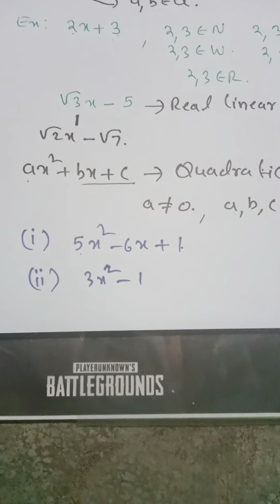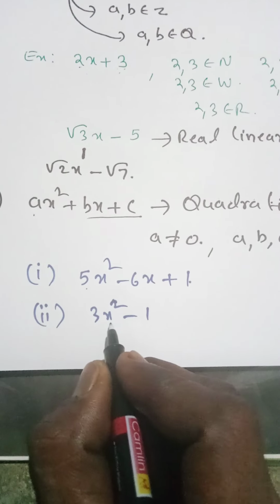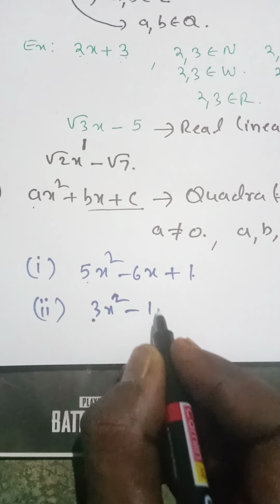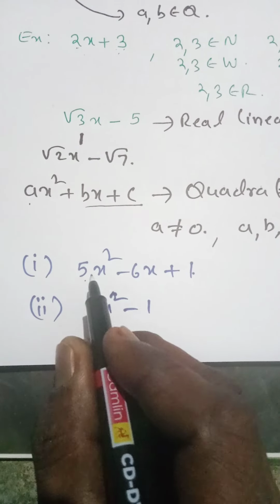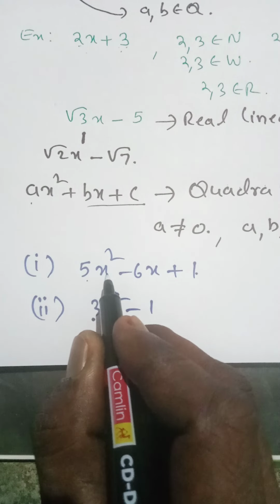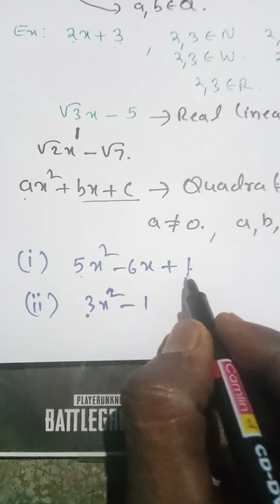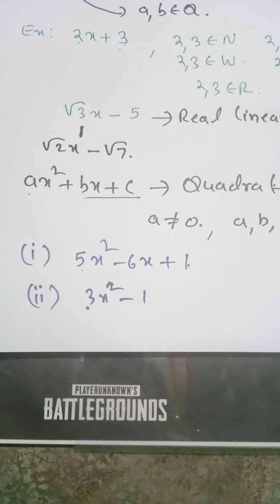Now you tell me, what is the coefficient of x square in this polynomial? That is 3. What is the constant term here? That is minus 1. In the previous example, what is the coefficient of x square? That is 5. The coefficient of x is minus 6, and the constant term is plus 1.